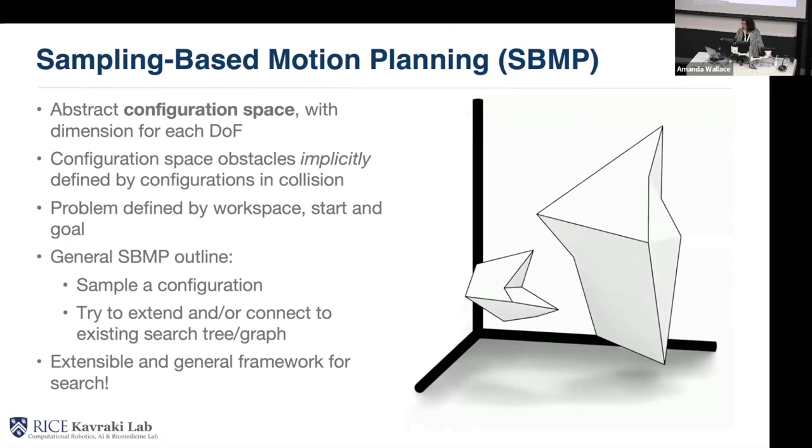The problem is defined by the workspace, the start, and a goal, and we are looking for a collision-free path. The general way that the sampling-based motion planners work is as follows. You sample a configuration, and somehow, and I will not go into details, you try to extend or connect new configurations, extend this configuration to new parts of the space, connect to an existing graph or a tree.